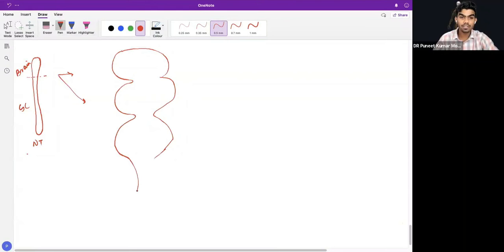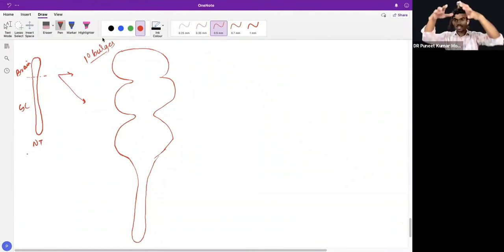These are the primary bulges. Bulges means, look, this is a tube. Now there occur three big swellings in the upper part of your neural tube.